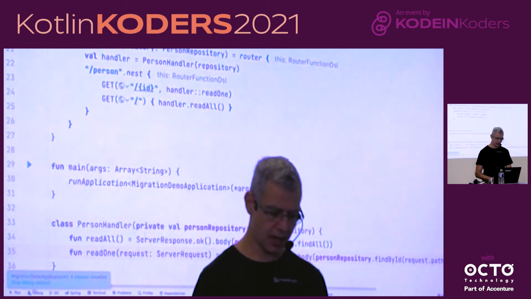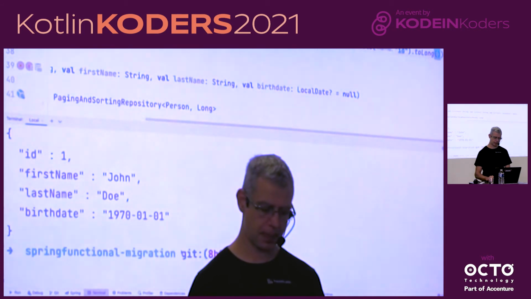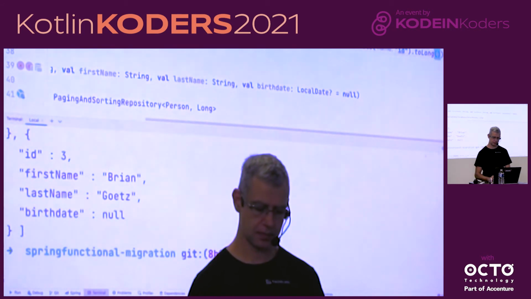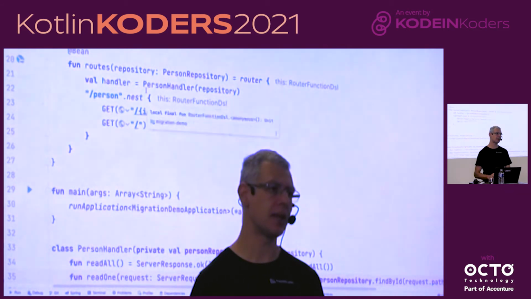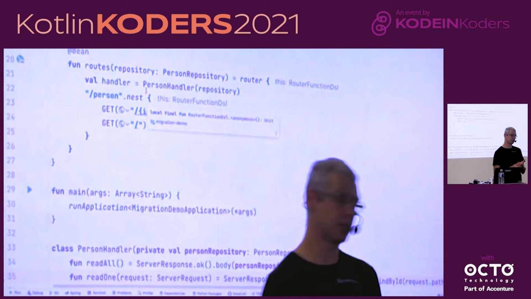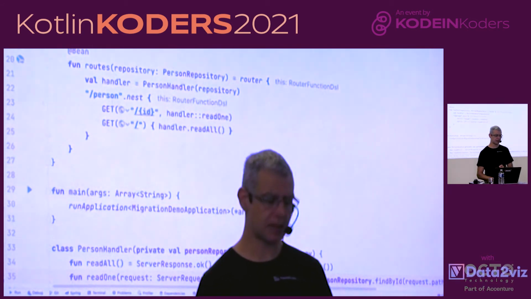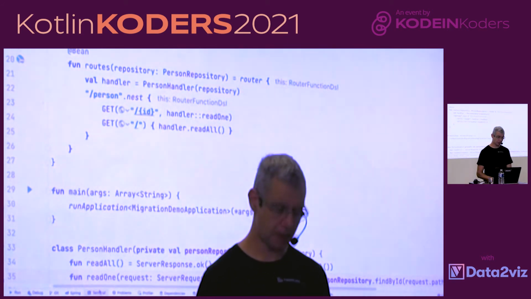Now, if I check again whether this works, it still works. And this is much nicer to read. And I believe even if you are not a Spring Boot developer, even a Spring developer, you can read that stuff. Great. But we can do better.